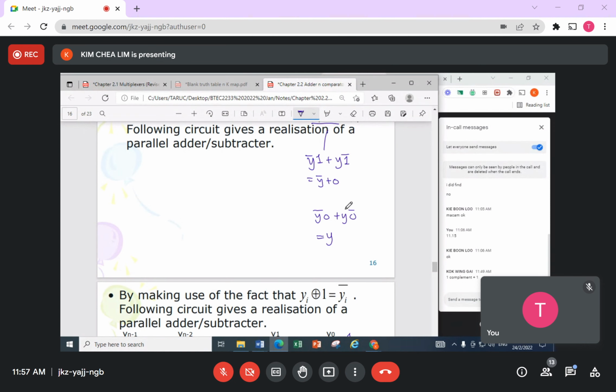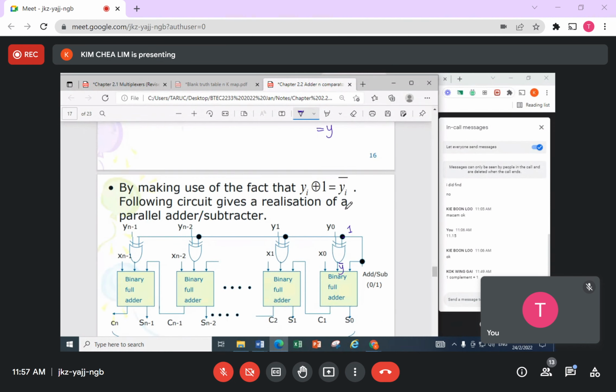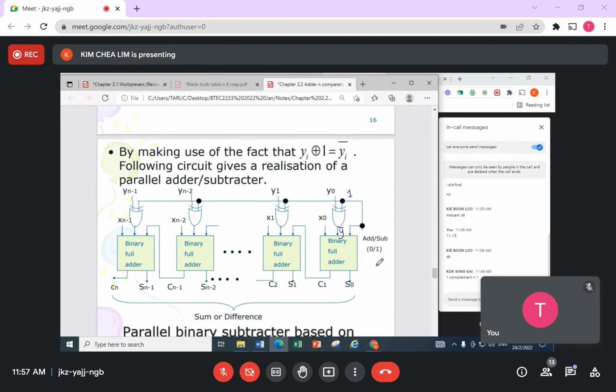So this part now forms the control input. If you want to do addition, you connect a 0 to it.